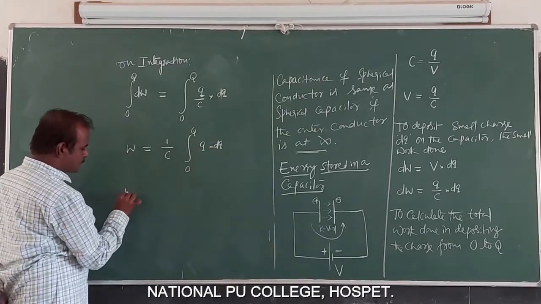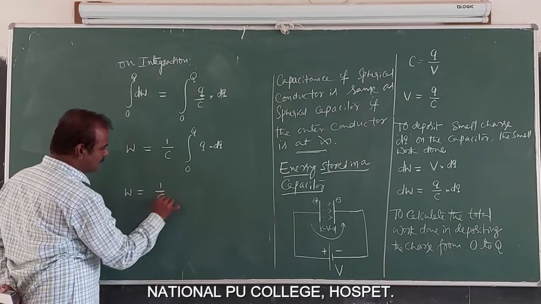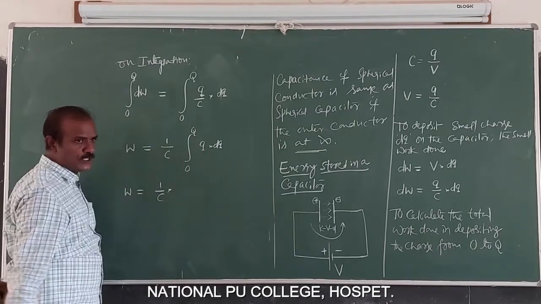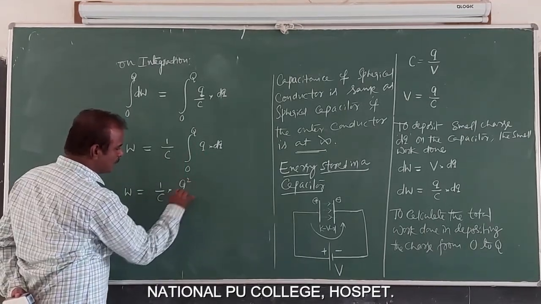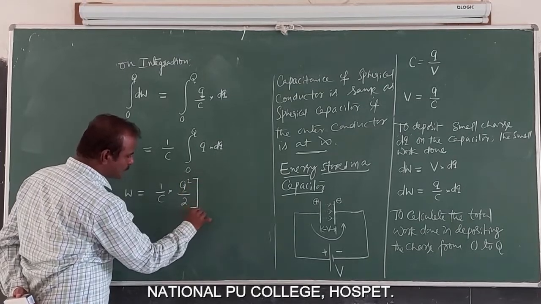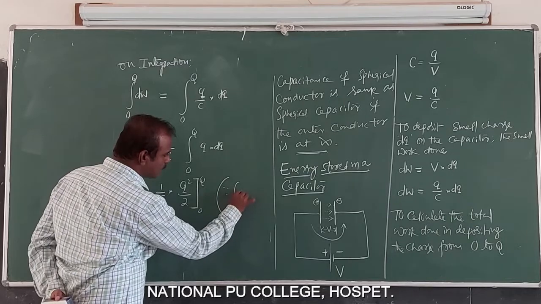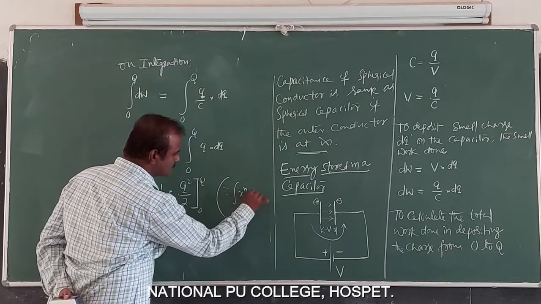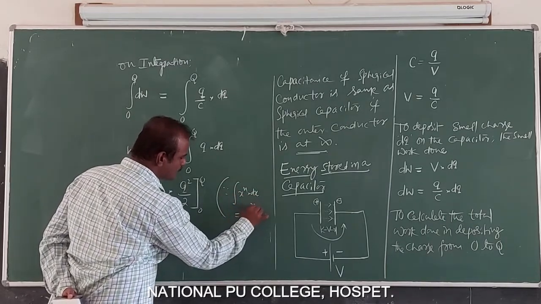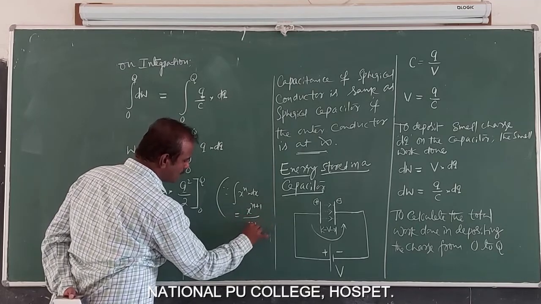Well students, you know that 1 by C into, what is integration of Q into dQ? It is Q square by 2 between the limits 0 to Q. Remember, integration of x to the power n into dx is equal to x to the power n plus 1 by n plus 1.